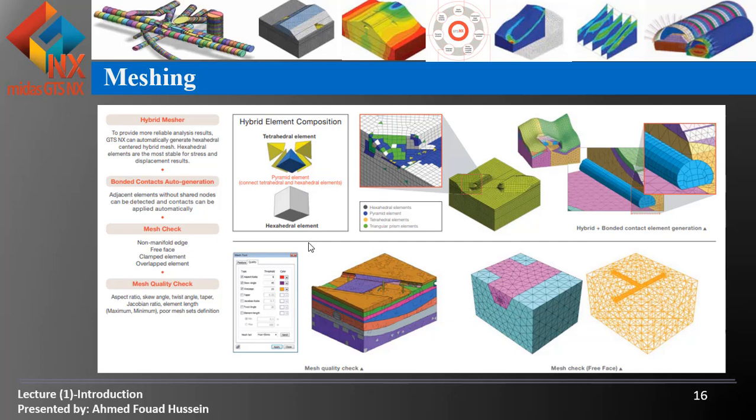You can divide all your elements into tetrahedral or hexahedral, but the software also gives you a hybrid mesh, which can combine tetrahedral and hexahedral, so you can get very sophisticated mesh elements, which facilitates the solution and doesn't include any computational errors.